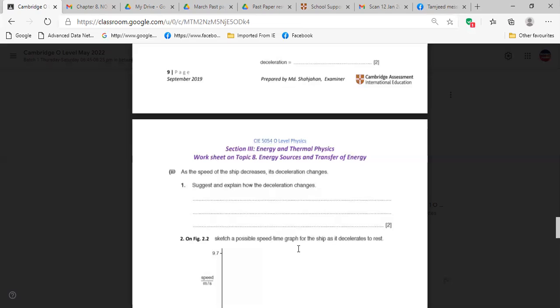That's why deceleration also decreases. If you think that the similar word is making your life boring, you can write deceleration decreases as well.